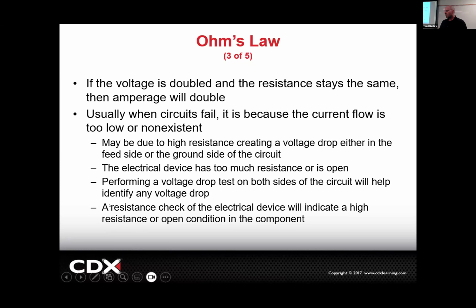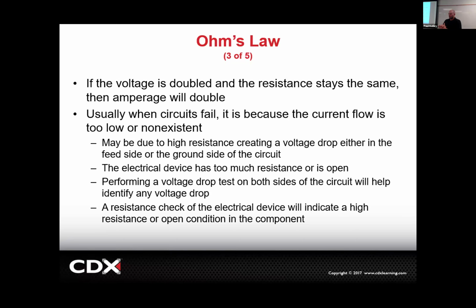It's a good test. It'll find some issues. But if you really want to test it, I would recommend a voltage drop test, because you're going to test the circuit while it's actually working. Make sense? You're going to test those wires while they're being forced to carry a bunch of current to light the light bulb.